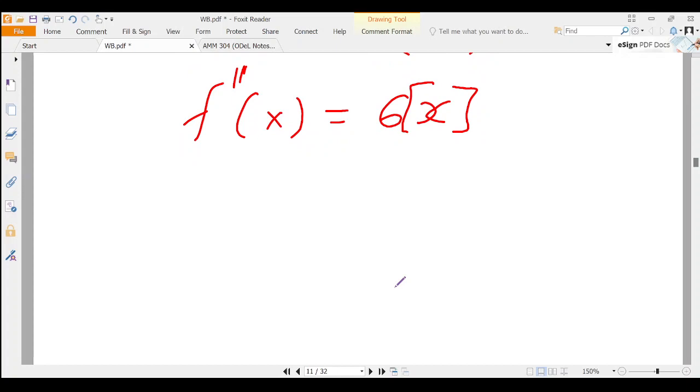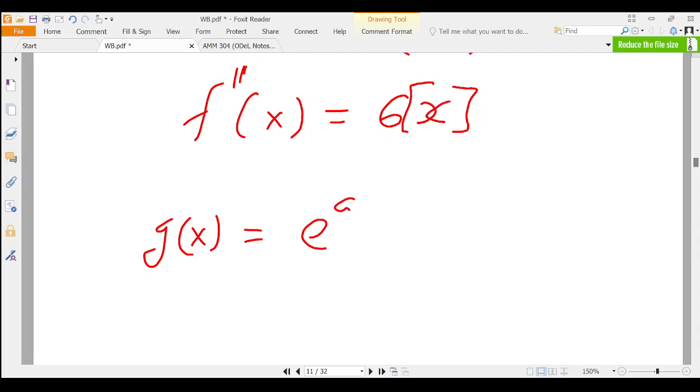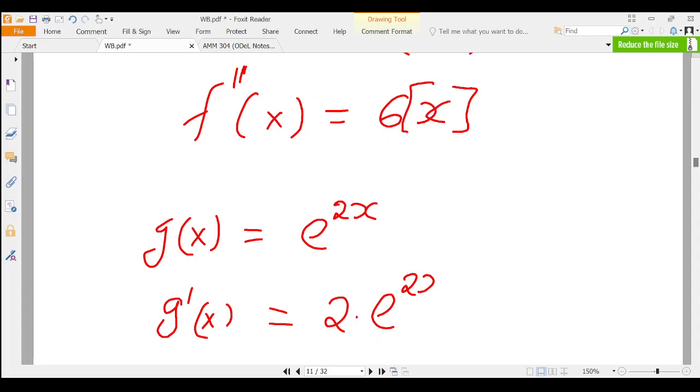If you take another function, call it g of x, which is e raised to power, say, 2x, and you differentiate g with respect to x, then you get 2 times e raised to power 2x.